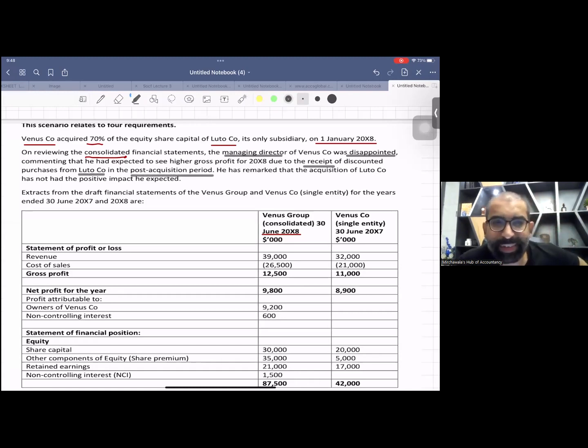Now, this managing director doesn't know the accounting. He doesn't know the rules of consolidation. I'm sure you all have done ratios by now. In ratio analysis, I teach this question in class. This question is like the Gregory question.